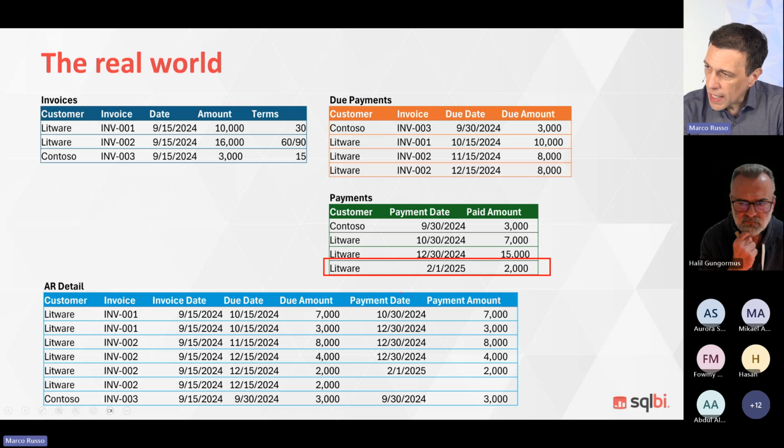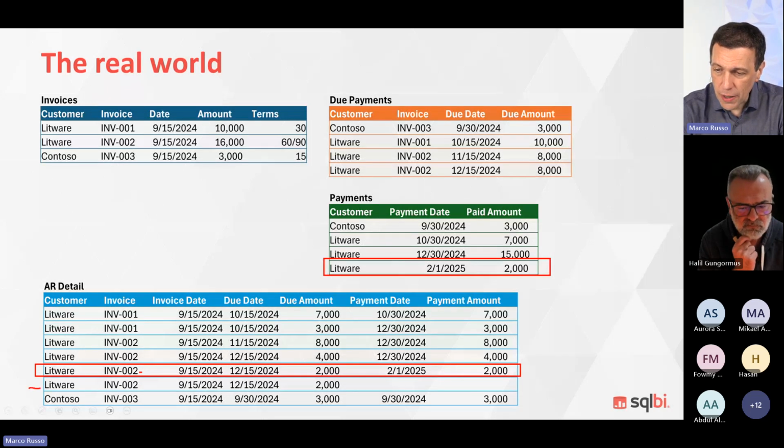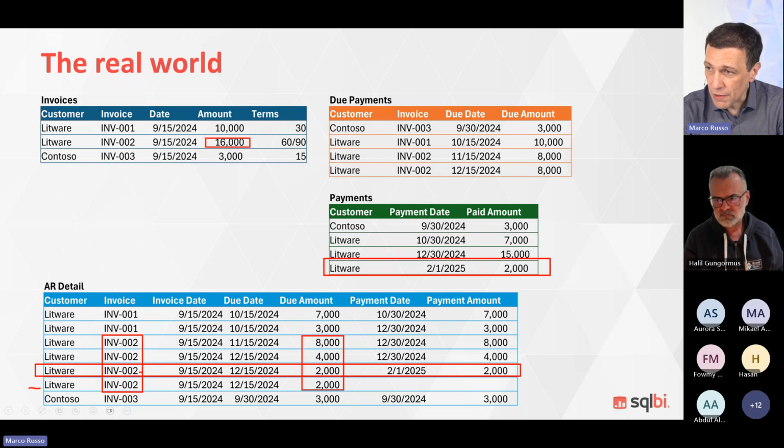And this payment of 2,000 made on the 1st of February 2025 is this one. This payment covered this invoice 002. But the remaining part of the invoice that has not been paid has been moved to this other row. So the total amount of the invoice 0002 is the sum of 4 rows. This sum corresponds to 16,000.